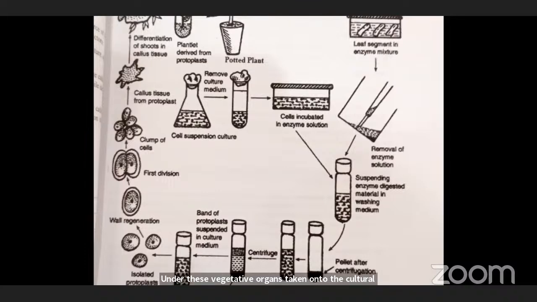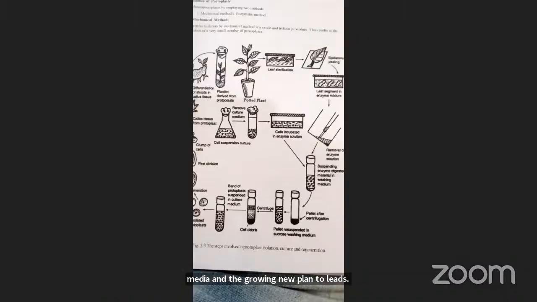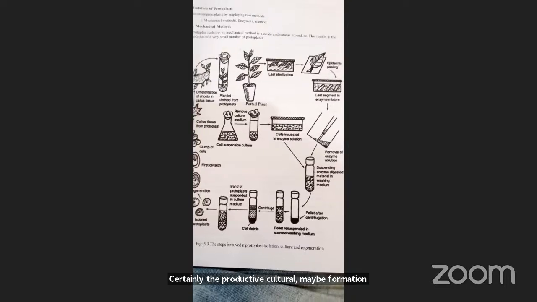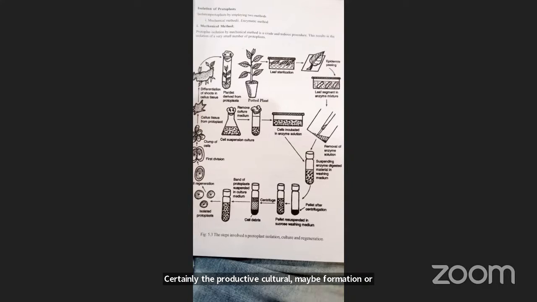So that is organ culture. And the next one is reproductive culture. In reproductive culture, there is the formation of male and female reproductive organs such as androecium and gynoecium by the processes of androgenesis and gynogenesis. So that is reproductive culture.